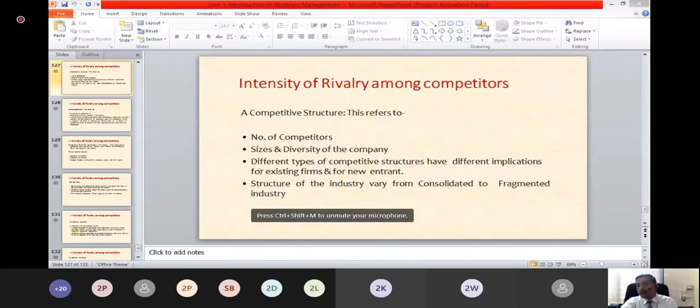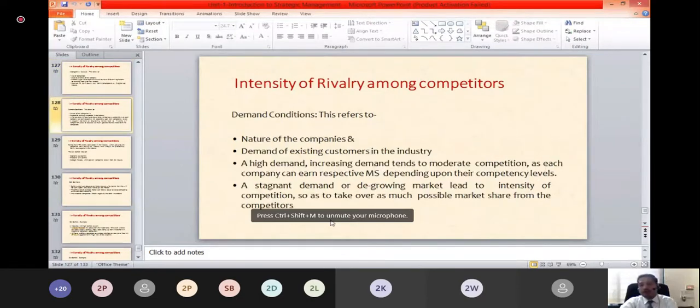Or there may be a fragmented industry wherein each company works in isolation, and no company is dependent on the others. So that is about competitive structure.